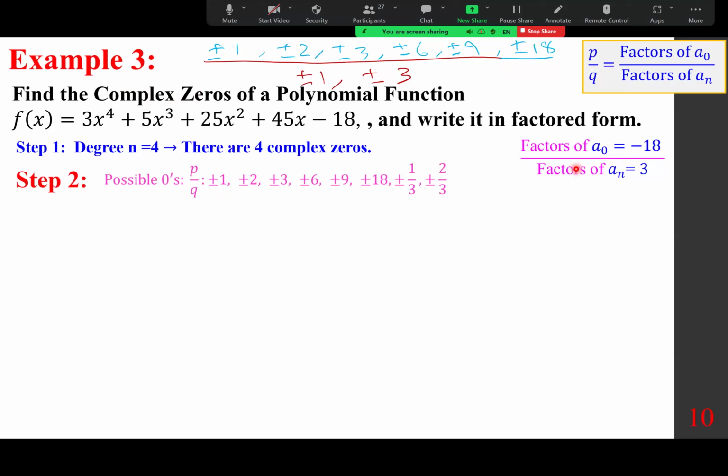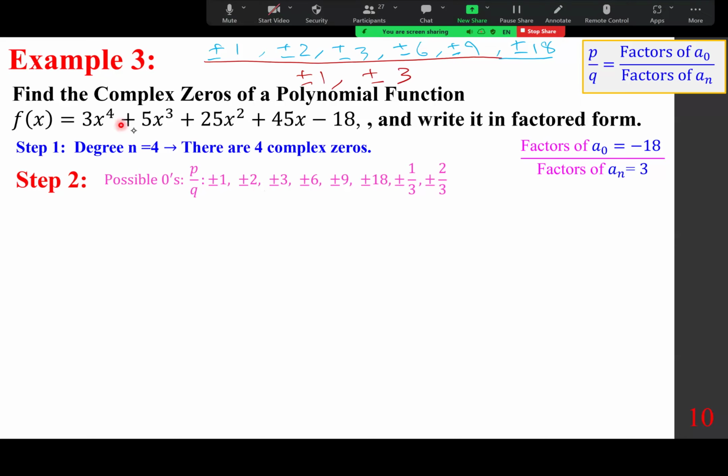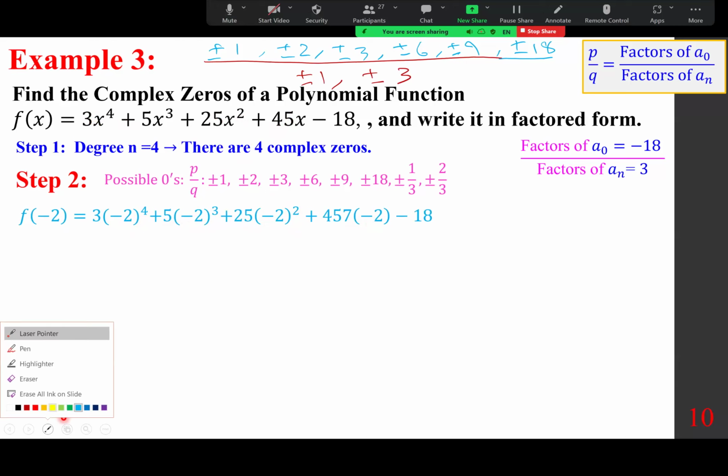Again, we don't want to go through the process. So let's start plugging in something that works. If you plug in -2, we get 3 times -2 to the power of 4, 5 times -2 cubed, 25 times -2 squared, 45 times -2, minus 18.